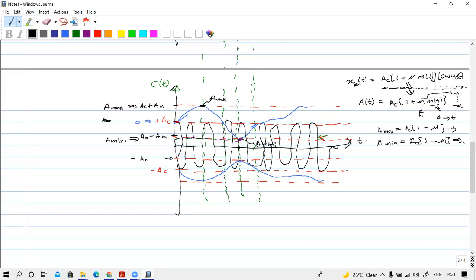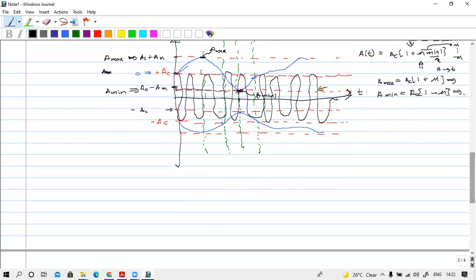So this is the minimum and this is the maximum. We can write it like this: A_C times (1 plus mu), and A_C times (1 minus mu). In this way also we can get it. You can see that this mu is equal to A_M by A_C.